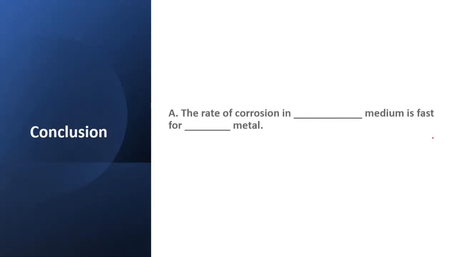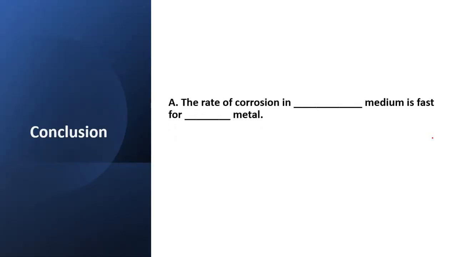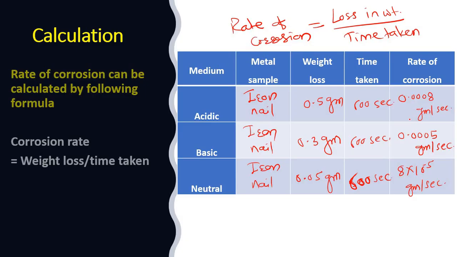So what is the conclusion of this? The rate of corrosion in dash medium is fast for iron metal. So we have to go to the result table again. What is the conclusion from this? The rate of corrosion is very fast in acidic medium, it is medium in basic, and it is very slow in neutral medium. So for iron metal, this is the rate of corrosion.